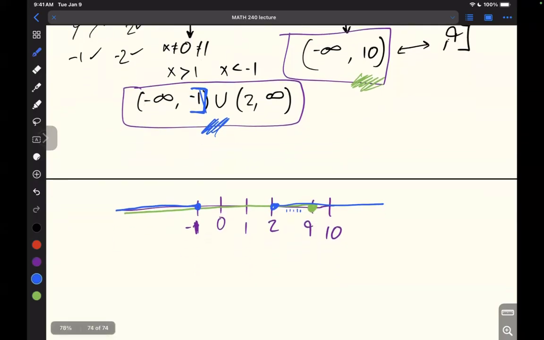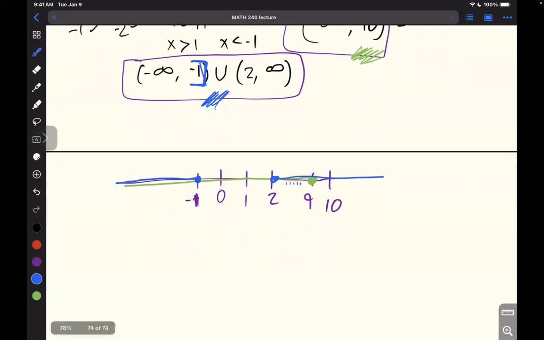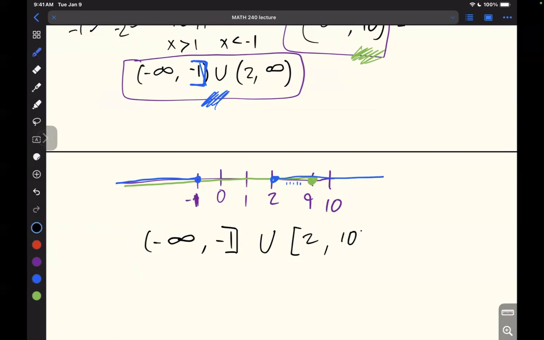Wait, so is the book wrong then? I think the book might be wrong. Okay, so once we have this, then we see that the overlap is up to -1, and that's an 8. Negative infinity to -1, and 2 up until 10.